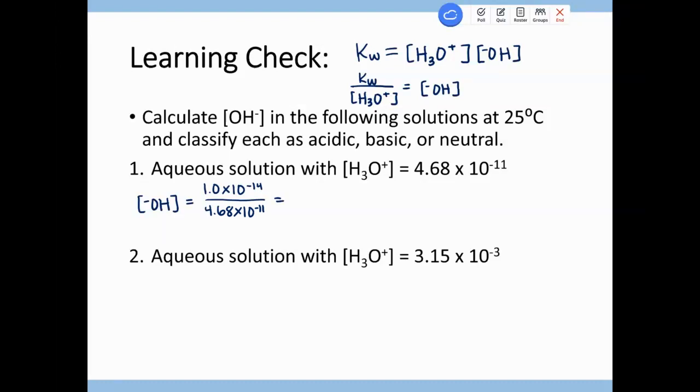So the concentration of OH- is what that fraction is equal to, which is 0.00021, or 2.1 times 10 to the negative 4.